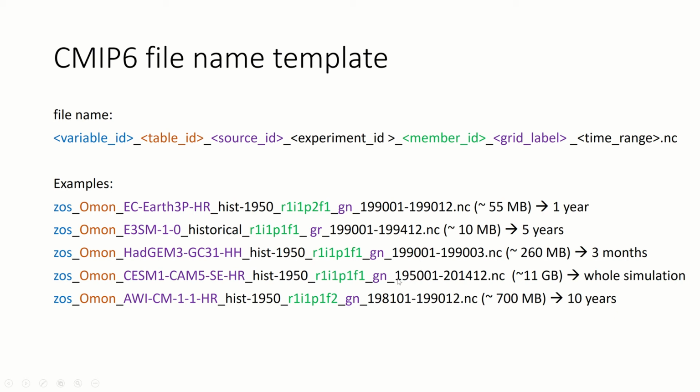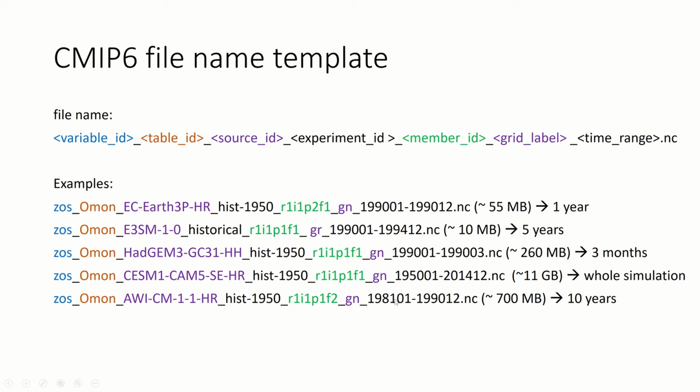So this is from January 1950, and you'll find data for January 1950, February 1950, March 1950, and so on until December 2014. Again, this is ocean, it's monthly data, so each data set inside this file would be a monthly average.